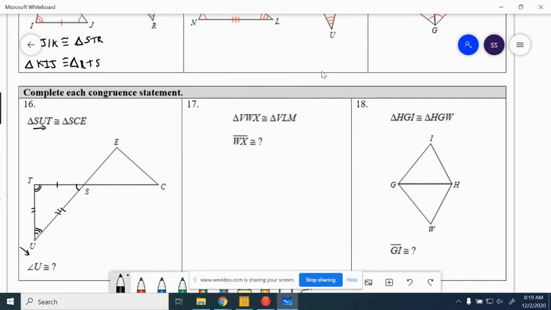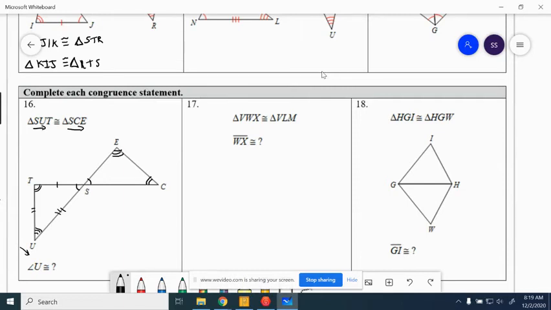But I can if you want. So now I'm going to look at the second triangle, triangle SCE. S is the first, and SC, sorry, C is the second, right, because it's in the middle. And then it ends at E, so there's the third.